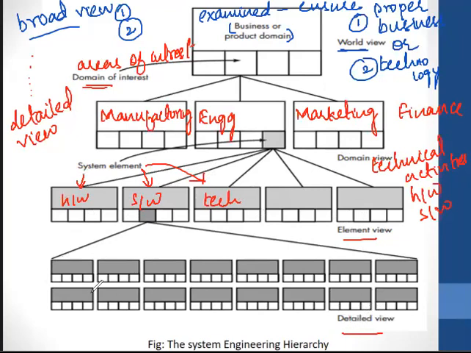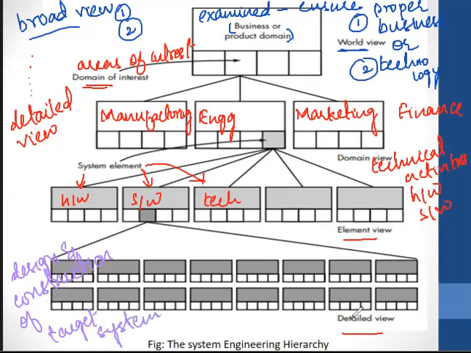Now within this detailed view, you're going to go for the construction part. You're going to go for the designing and construction part, design and construction of the target system.